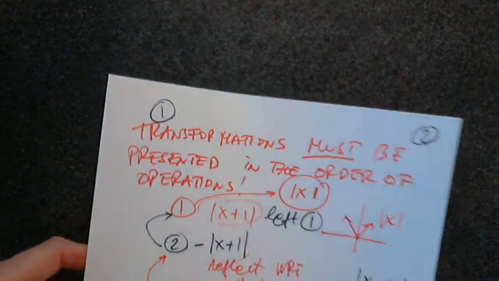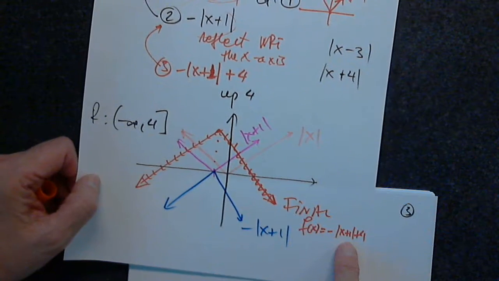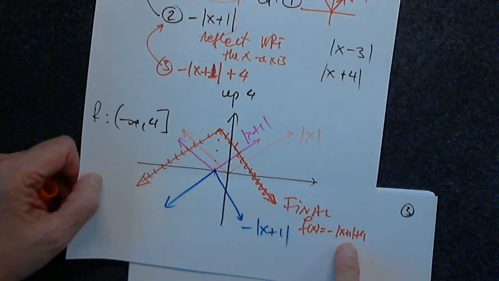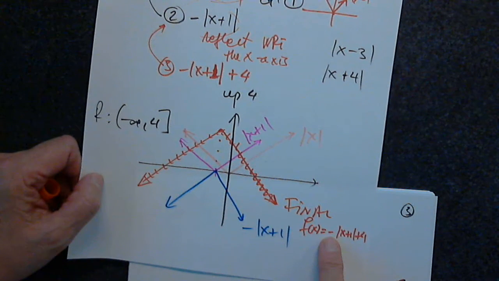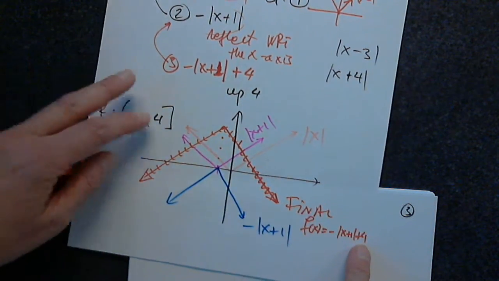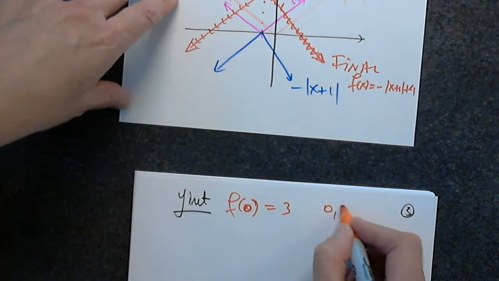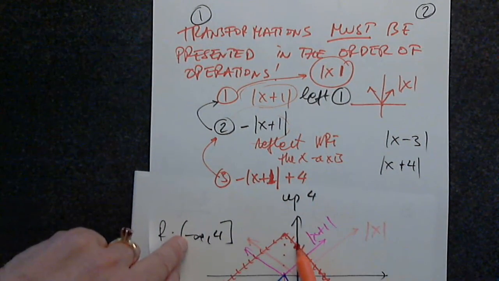Let's do this together. 0 plus 1 is 1. The absolute value of 1 is 1. 1 times negative 1 is -1, plus 4. Very good. So 0, 3. Do I have here 0, 3? Maybe.